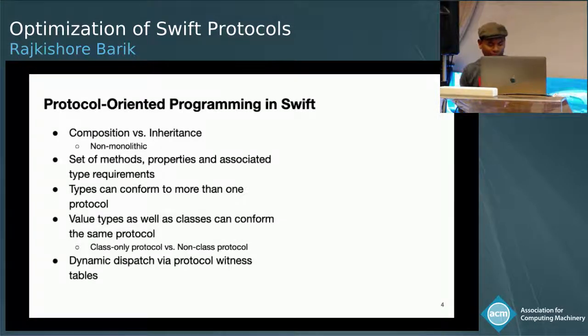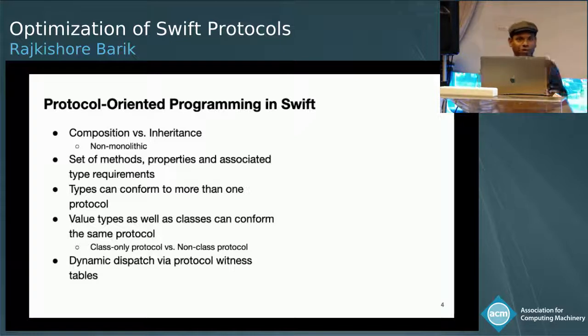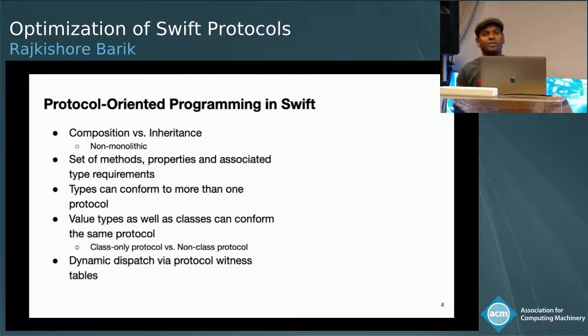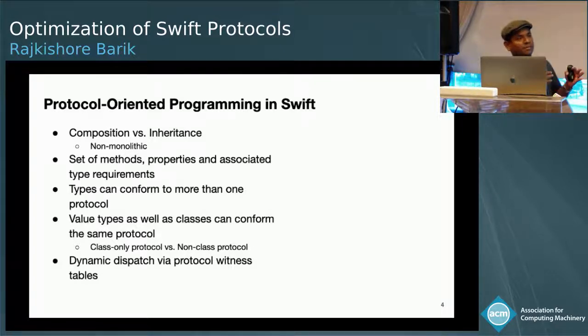Okay, so just to give you some introduction to protocol-oriented programming in Swift. Swift goes in the direction of composition as opposed to inheritance. So you define a protocol with a small set of functionalities that you compose to make a bigger set of functionalities. Inherently, you try to introduce fewer bugs by putting functionality in smaller protocol types.